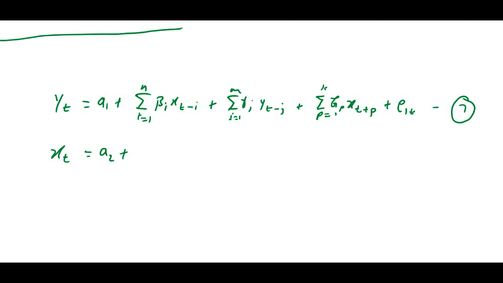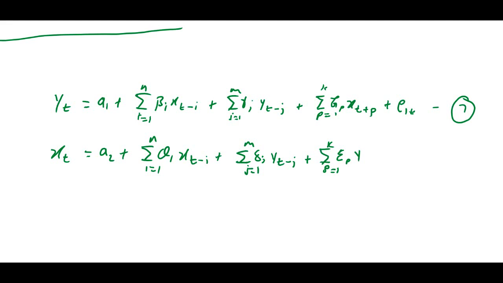Xt is equal to a2 plus summation i equals 1 to n of theta i x t minus i, plus summation j equals 1 up to m of sigma j y t minus j, plus summation rho, whose value is from 1 to k, and instead of zeta, now we write epsilon here, with its value up to p, y t plus p, plus the error term.